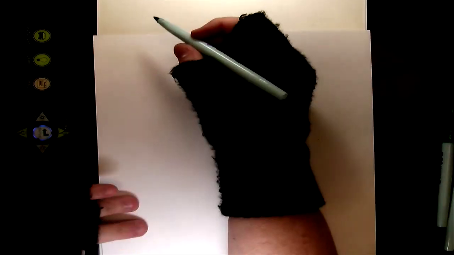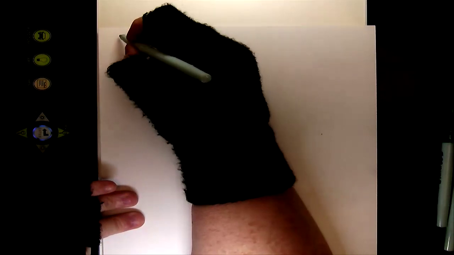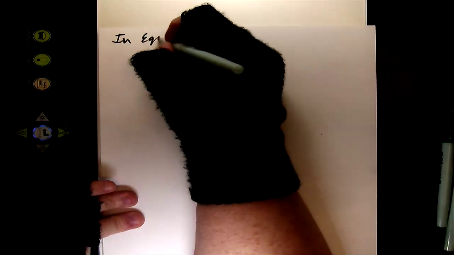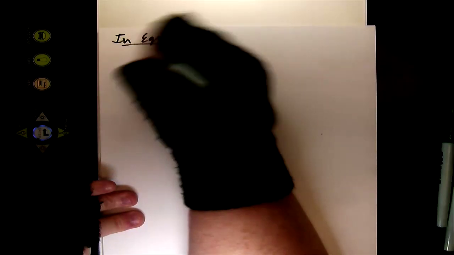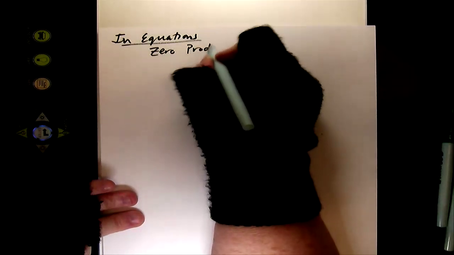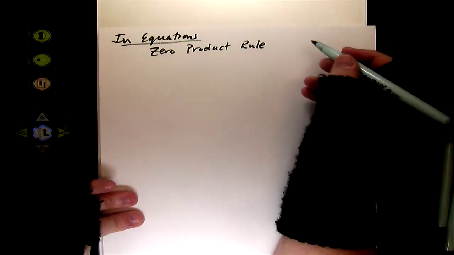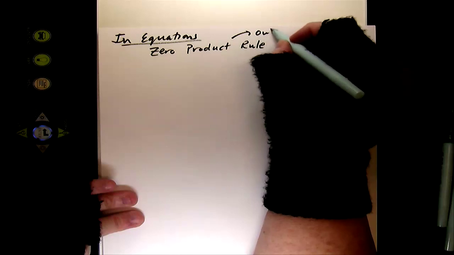We looked at combining them, we looked at factoring them. What about in equations? We have something called the zero product rule. Product is the outcome of multiplication.